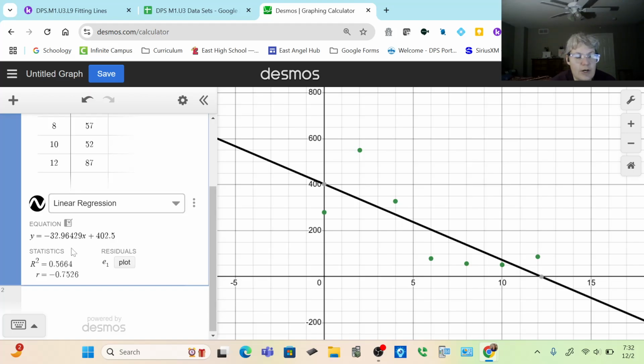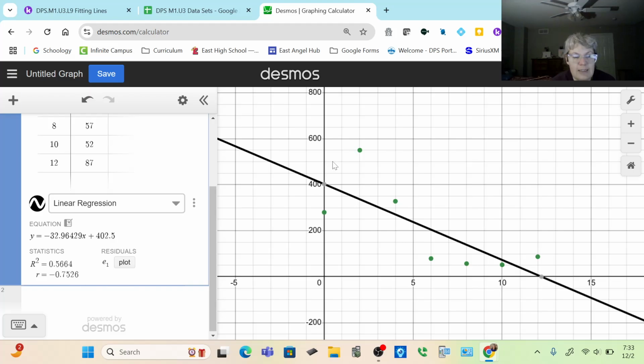And then you see here that we've got one equation. We've got y equals negative 32.96429x plus 402.5, and we've got the r value, the correlation coefficient, of negative 0.75. Now, let's just review a little bit about that correlation coefficient.